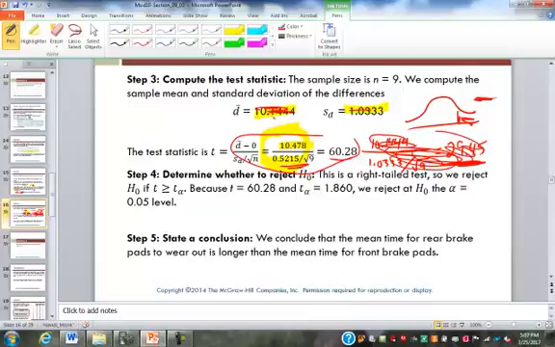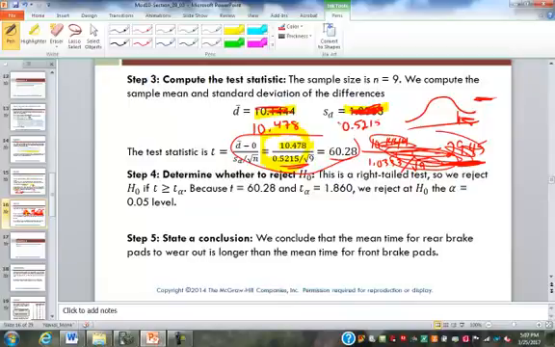So the mean difference here should have been 10.478, and this should have been 0.5215. So the wrong numbers were up there, not down here. So the 60.28 is the correct test statistic, which is even larger than the 29.45.